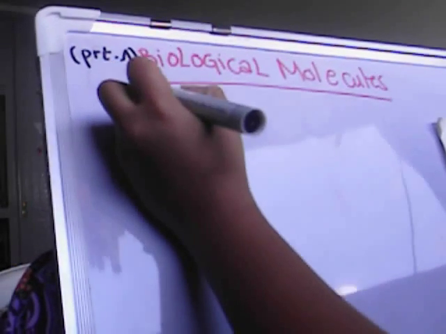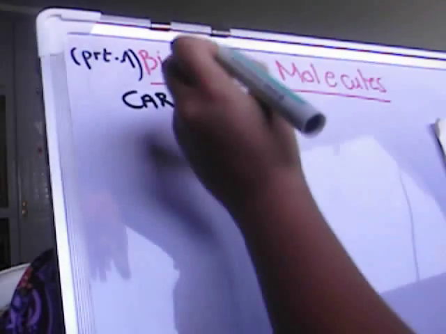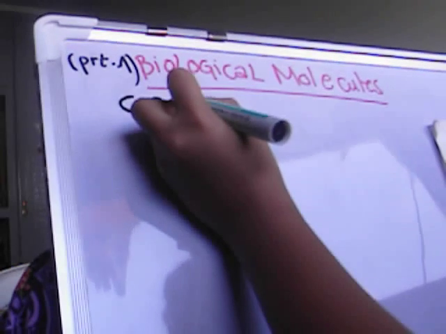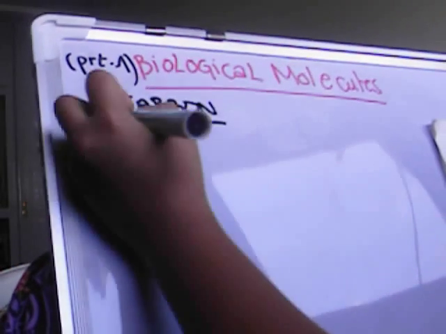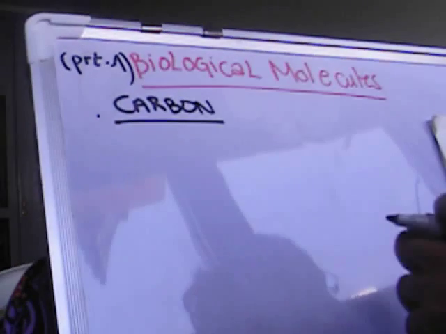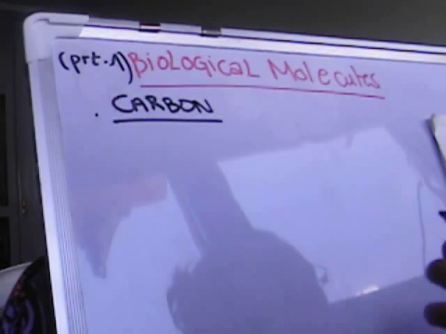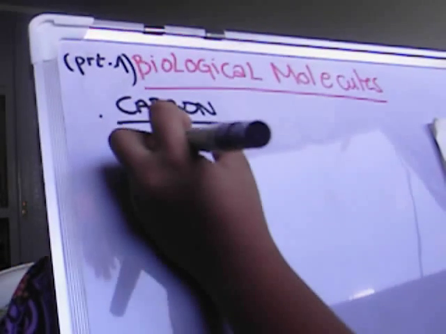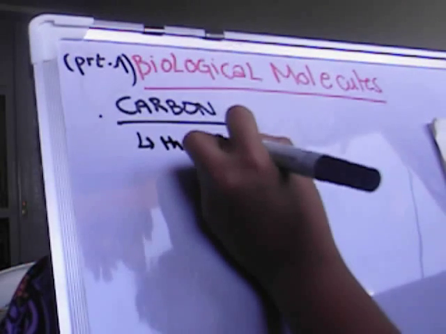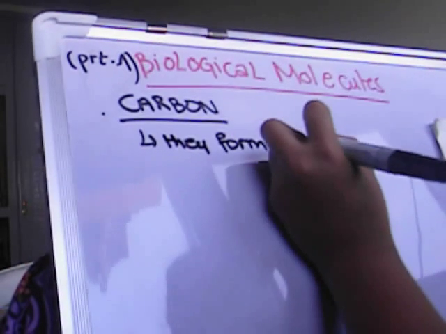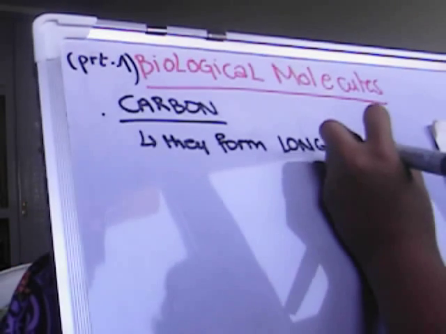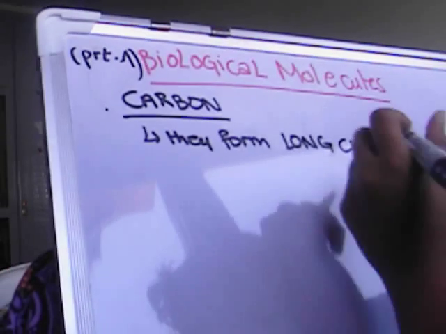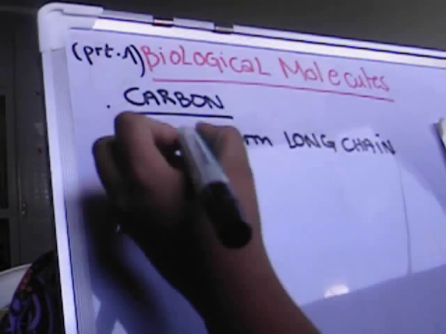Carbon is the most important element from those 4. Why? Because it has properties that make it the best. Carbon atoms bond with each other in long chains, and these chains can be branched or even joined up as rings.